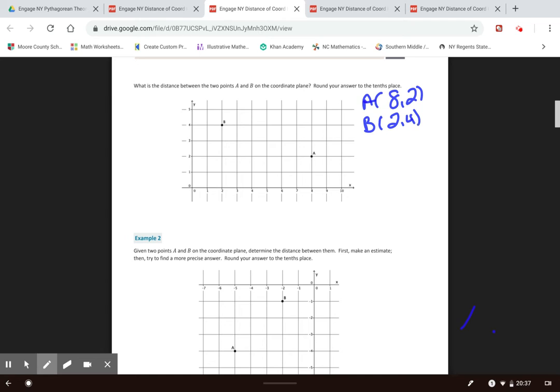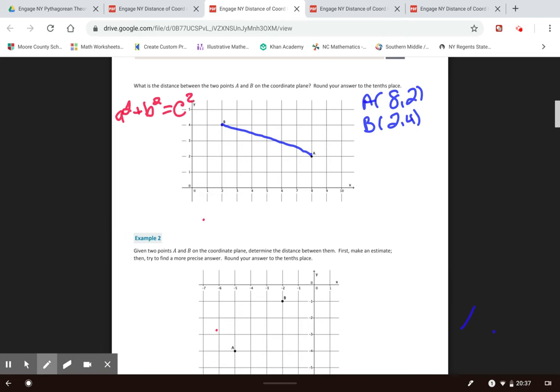If I look at these 2 points from point A to point B, I have a diagonal. So my distance is diagonal. The way I'm going to find diagonal distance is by using the Pythagorean theorem, which is a squared plus b squared equals c squared. The Pythagorean theorem also only applies to right triangles.